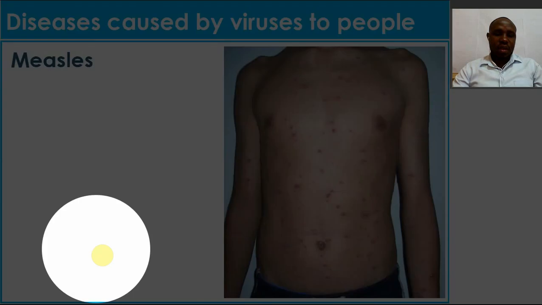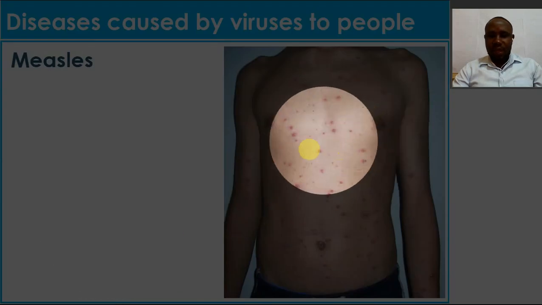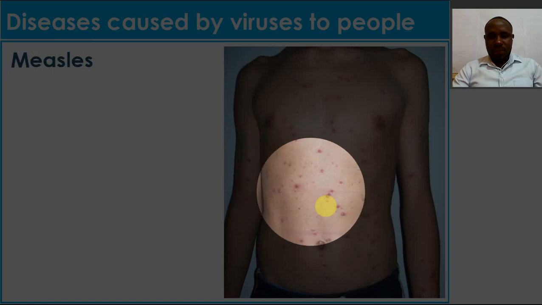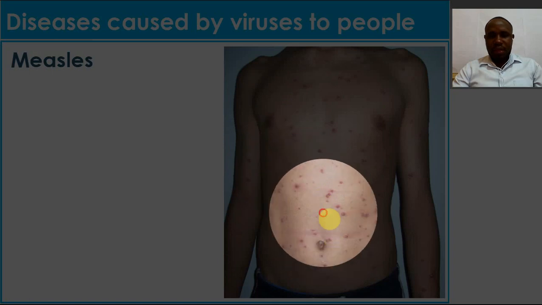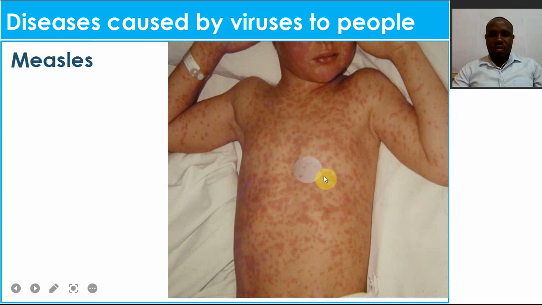I think you can see they are not very many. When you look at this one, they are very many but too small. Now this is real measles. The other one was chicken pox. Don't confuse the two.